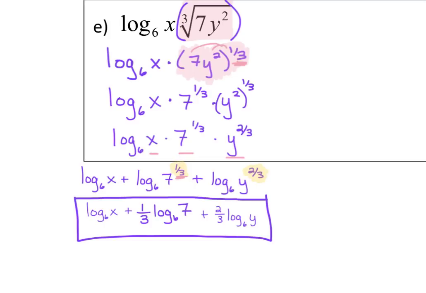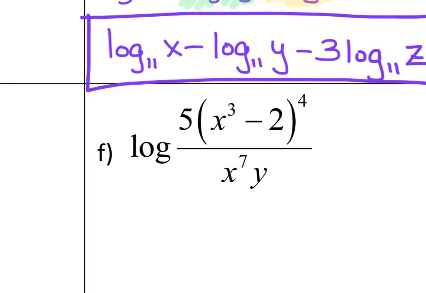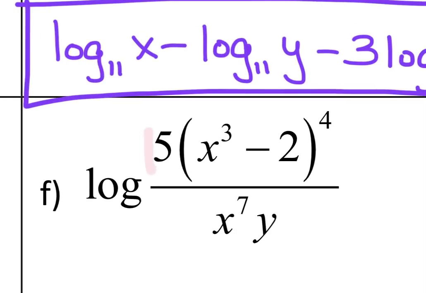And last but not least, in letter F, again, I have several things going on in a numerator and several things going on in a denominator. So let's look at this as four separate things. I see in the numerator a 5, and I see this whole thing, parentheses to the 4th power, and that is actually not going to be as complex as you might think.